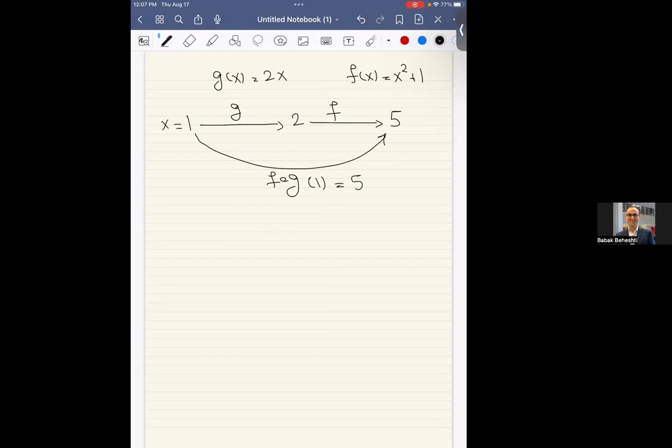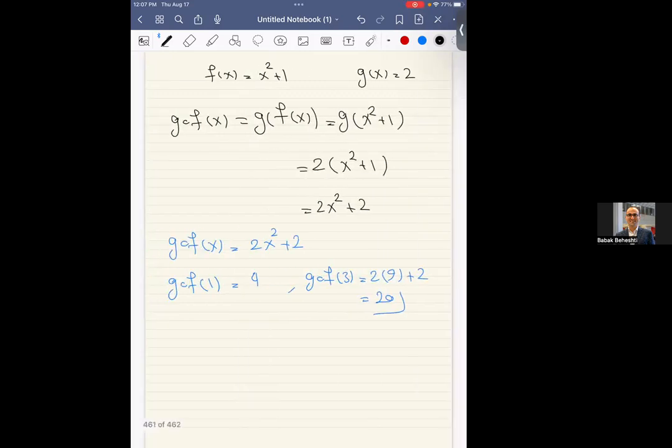First G takes 1 to 2, F takes 2 to 5. That means FOG, when you combine them, takes 1 to 5. So you see it's different. GOF of 1 is 4.